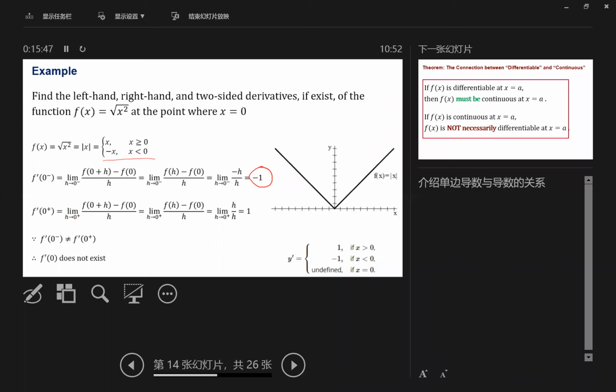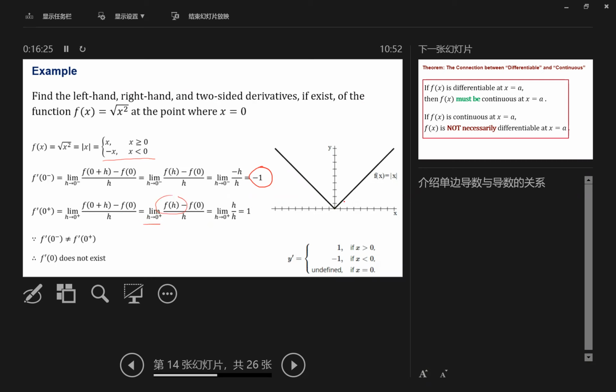And then let's find its right-hand derivative. The right-hand derivative at x equals 0 is defined as the limit of f of 0 plus h minus f of 0 over h as h approaches 0 from the right side, which can be simplified to f of h minus f of 0 over h as h approaches 0. Now what is f of h? Remember that h approaches 0 from the right side, right?